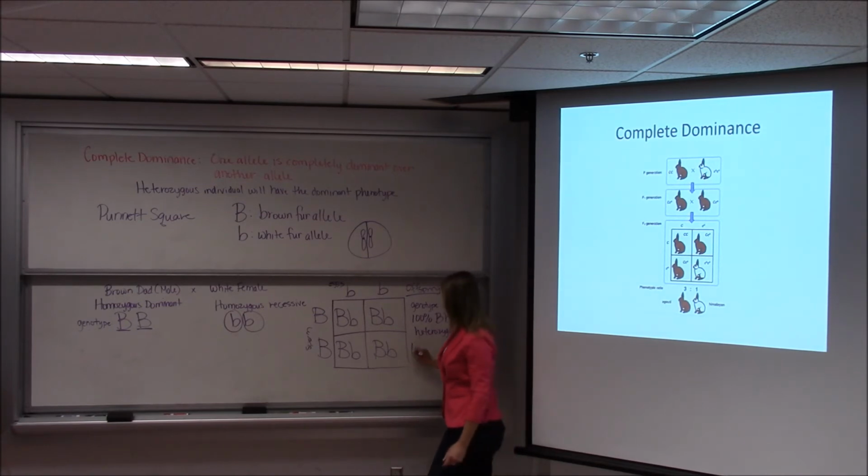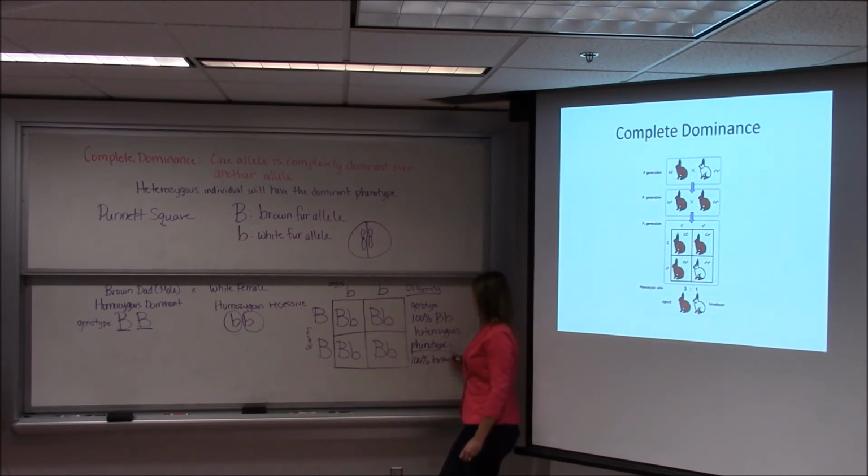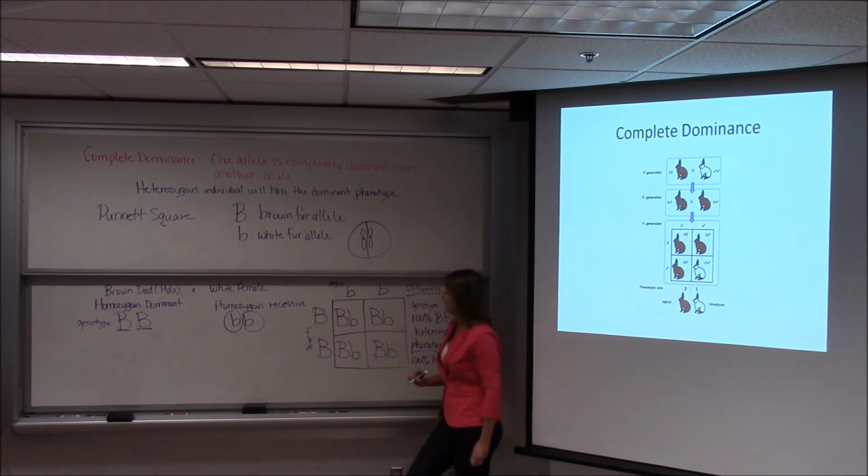The phenotype, this is what determines that this is complete dominance. The phenotype is that all the offspring are brown. 100% brown fur.